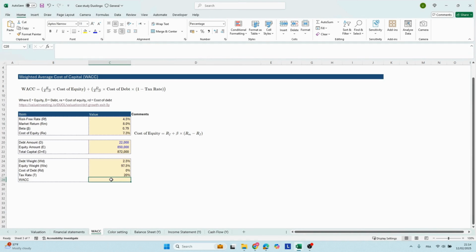We calculate the weighted average cost of capital. The formula will be as follows.